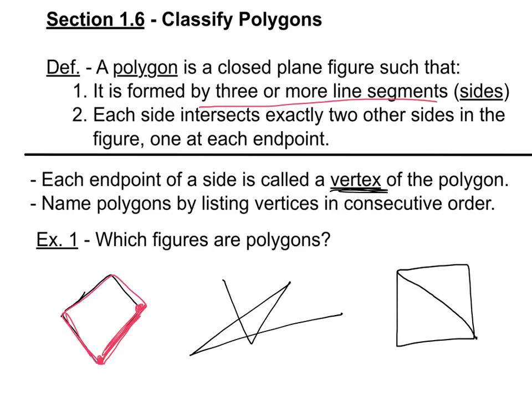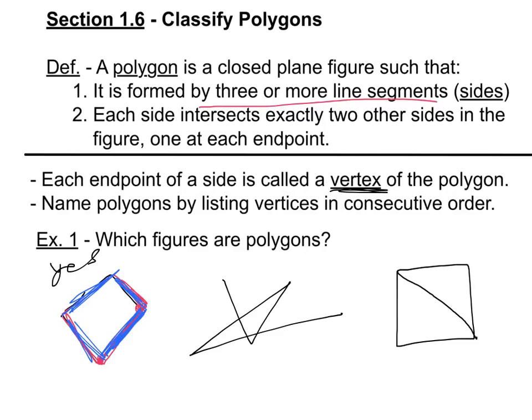There's one coming off of it here, and another one there. So if I look at the blue side again, to emphasize, there's our one side. Where does it touch two sides? Well, it touches one here, and it touches the other one there. That's where they intersect, and so that fits the definition. You can go around the squarish figure and show that that works for all the other sides as well. So this would be a polygon, and we would write yes.